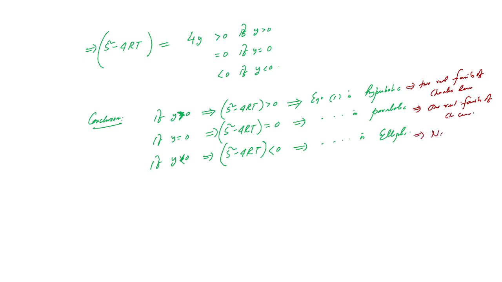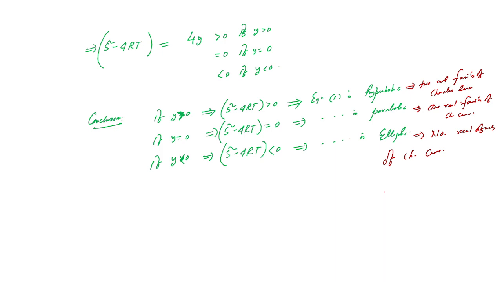For elliptic, no real family of characteristic curves. That means the number of real characteristic curves is 0.